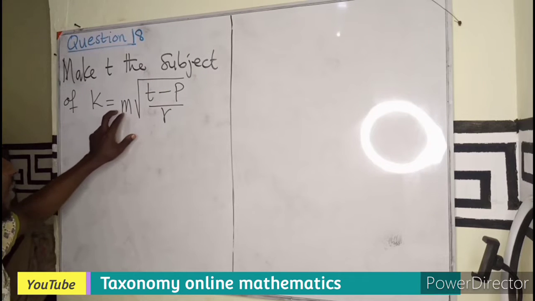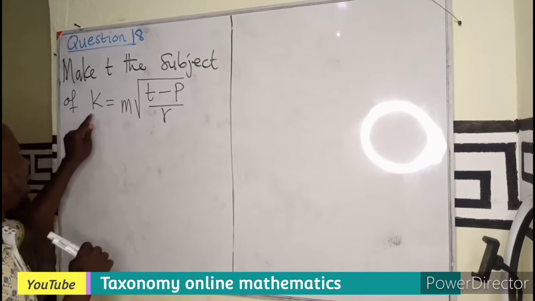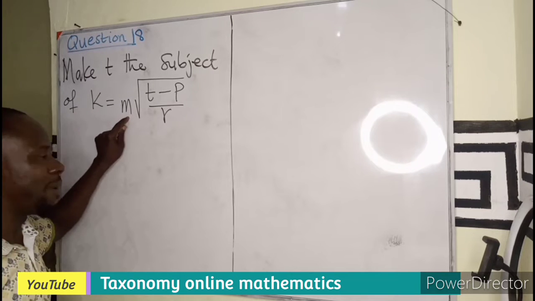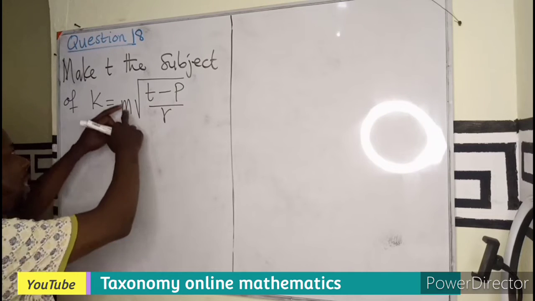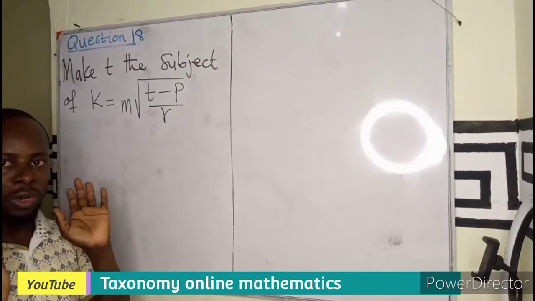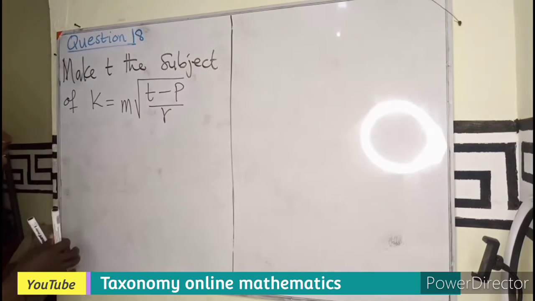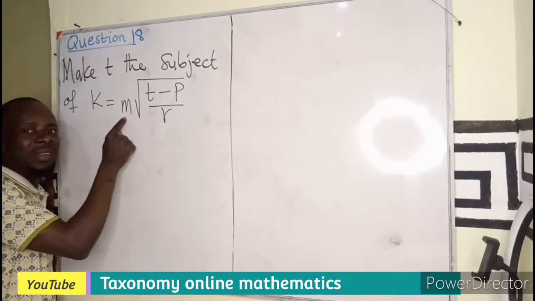But before then, there is a factor multiplying the square root. If you square both sides, the K will be squared, the M will be squared, and the root will be squared. But I would prefer to eliminate anything attached to the root, so that the root will be on its own. So in this case, I'll be dividing through by M in order to cancel it from this side.